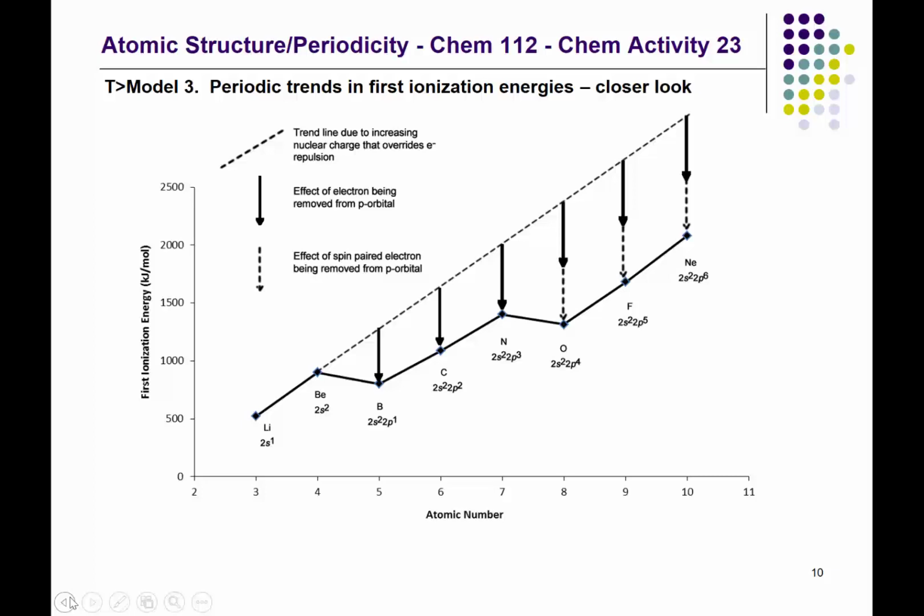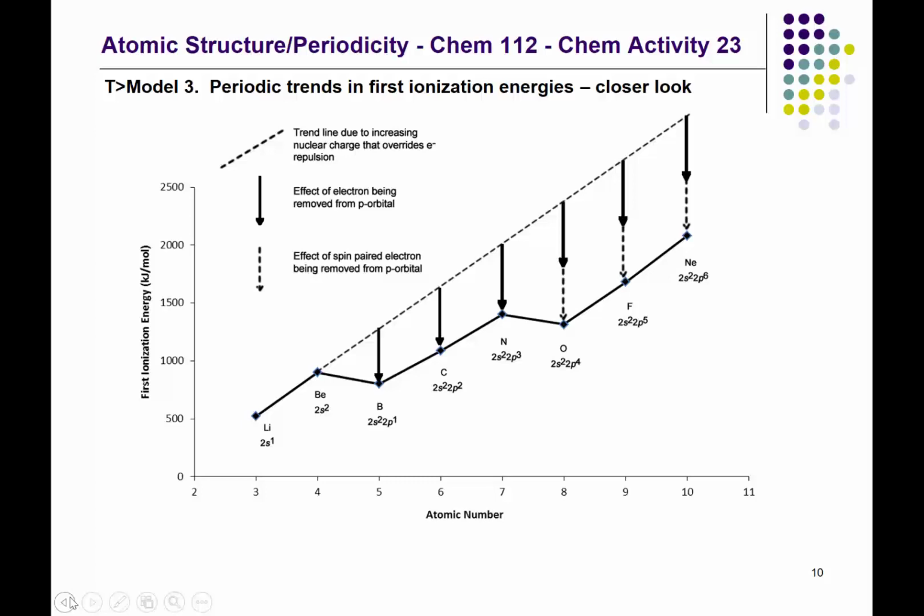When I say less than what you'd expect, I mean if all the electrons were being removed from the same orbitals. In going from nitrogen to oxygen, in fluorine and neon, you'll see in a sense that all of those ionization energies are yet further reduced. And this has to do with the fact that the electrons are being removed from spin-paired orbitals. Okay, now that's an overview.